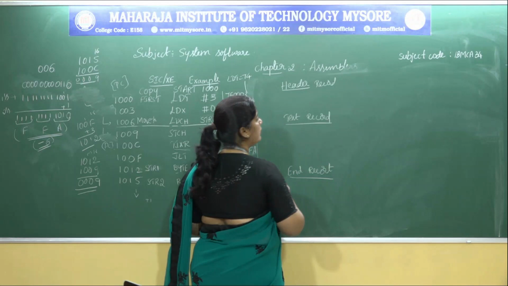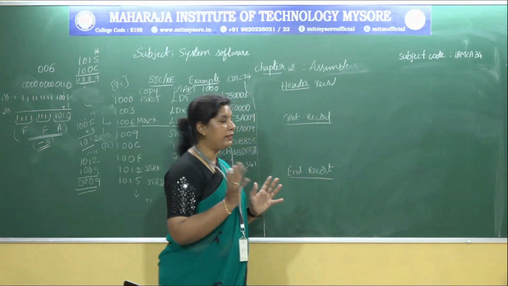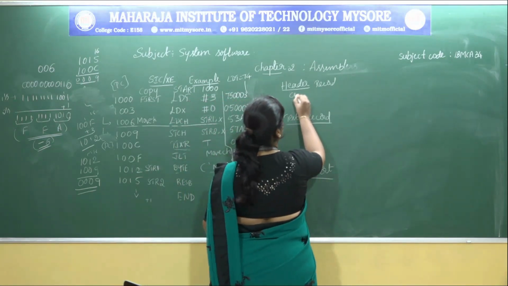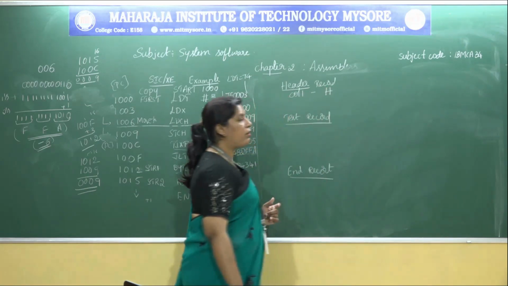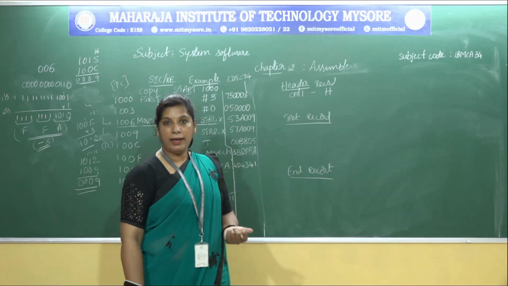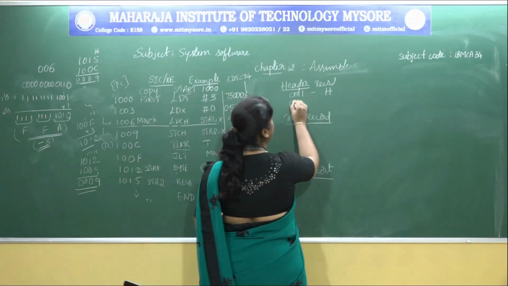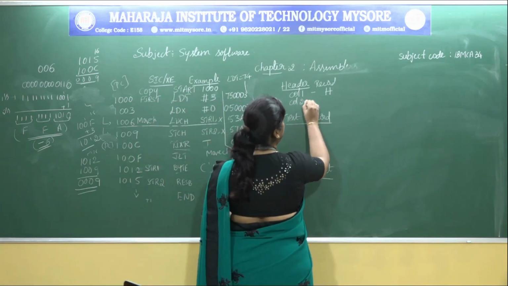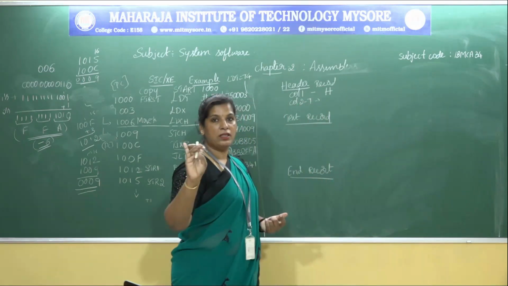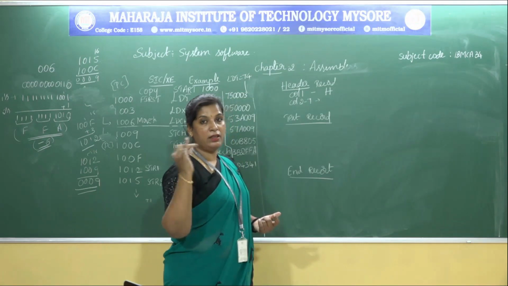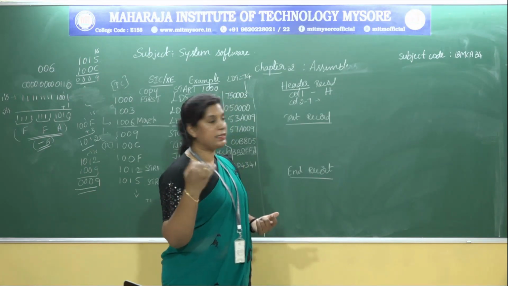In the header record, the first column, column 1, represents what kind of record it is. Columns 2 to 7 means 2, 3, 4, 5, 6, 7. So how many digits? 6 hexadecimal digits means 3 bytes.